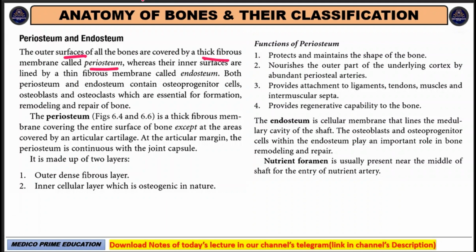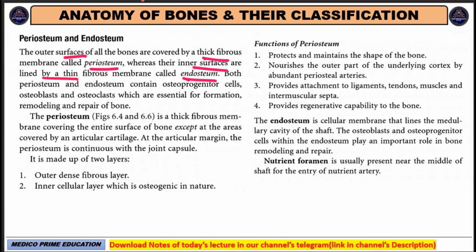This is all you have to keep in mind. What is periosteum? What is endosteum? What is nutrient foramen? Not for exam purposes, but for general knowledge, which is very important, so you have to remember it throughout life. The inner surface is lined by a thin fibrous membrane known as endosteum.